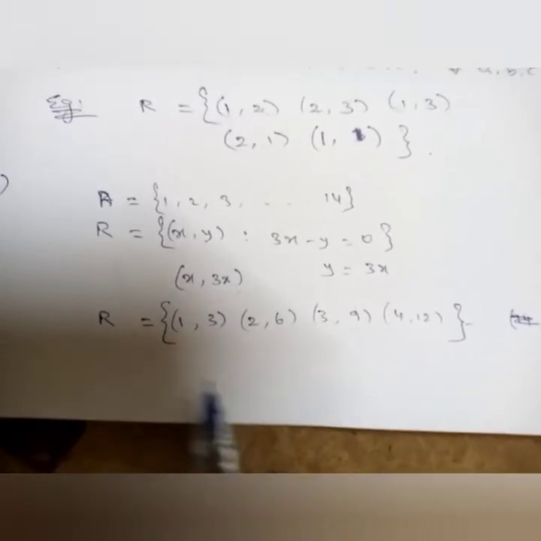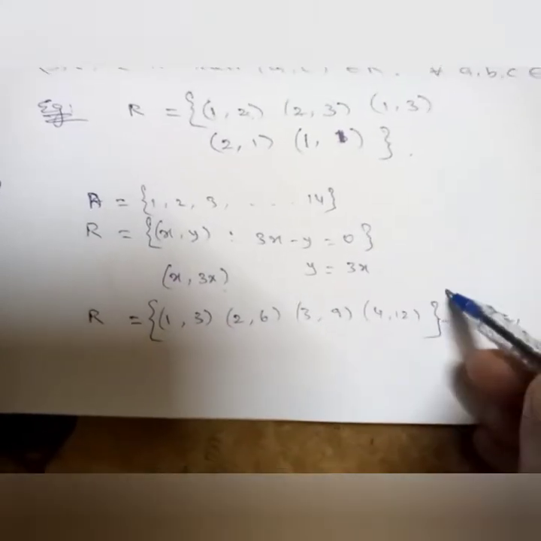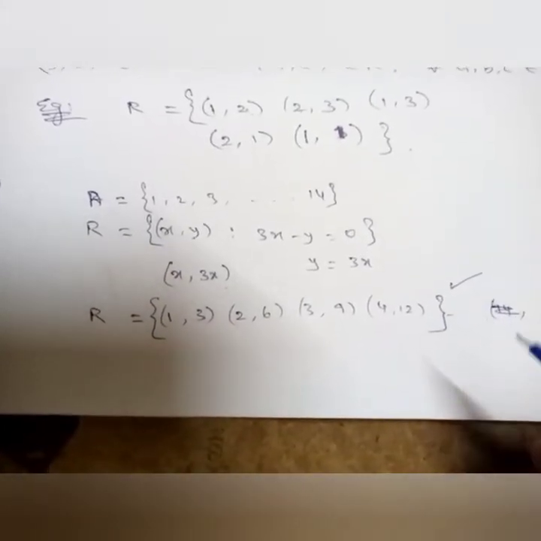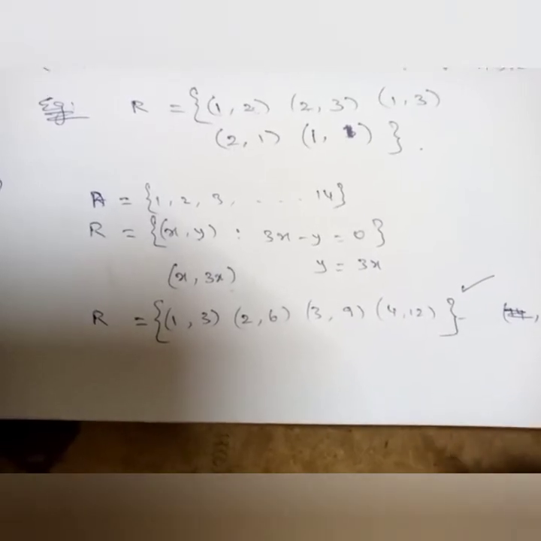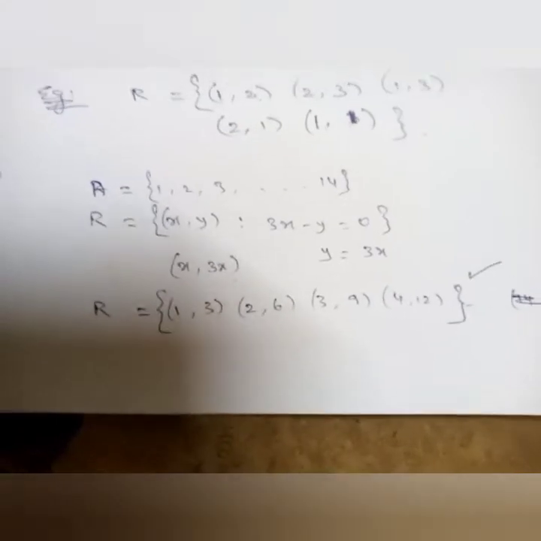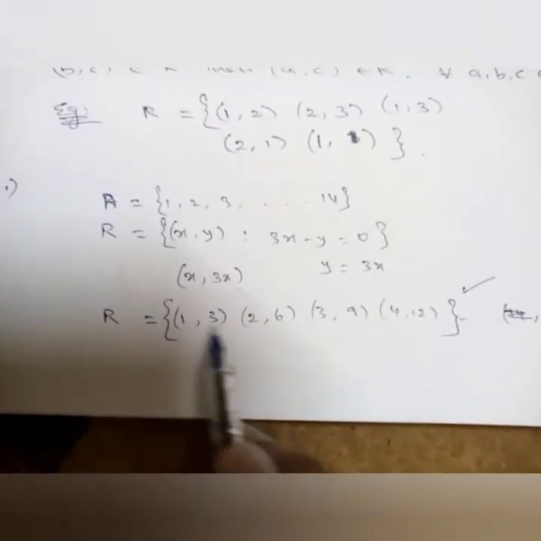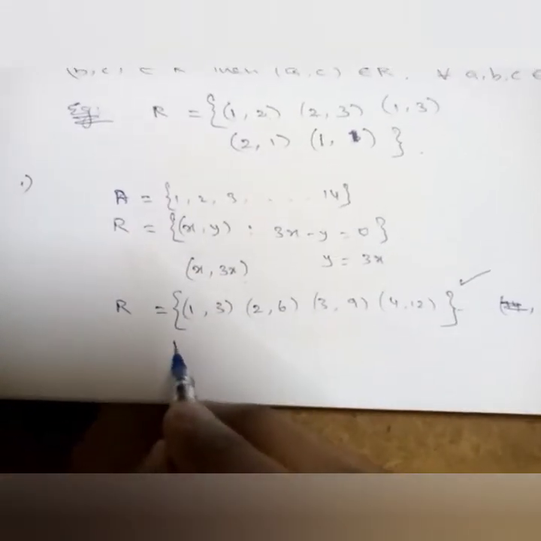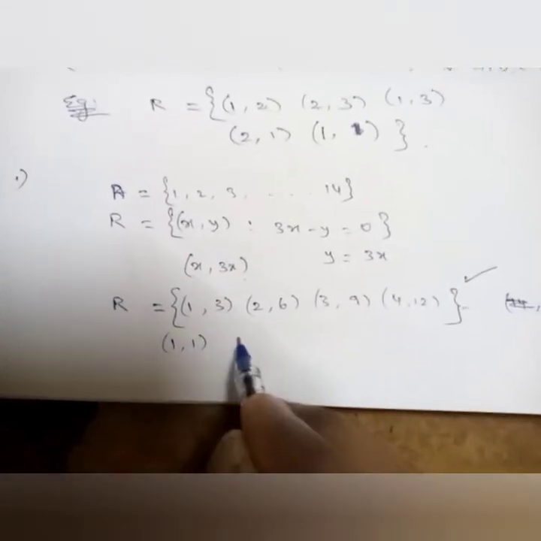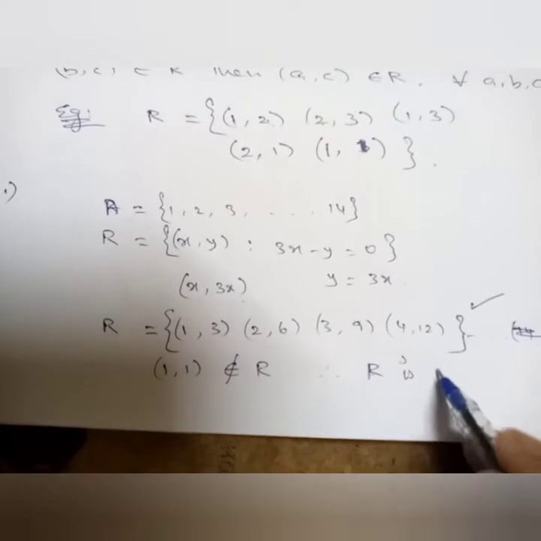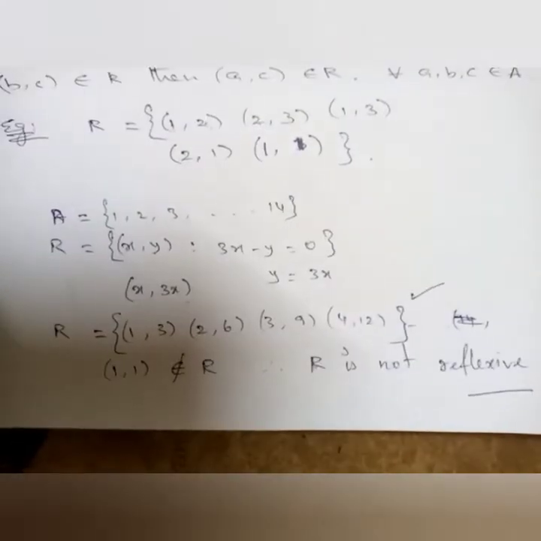Now we have to say whether this relation is symmetric, transitive and reflexive or not. First, reflexive means what? (a, a) belongs to R. So see here 1 is here, so that means (1, 1) must be there, right? So what we can say, (1, 1) does not belong to R. Therefore what we can say, R is not reflexive.